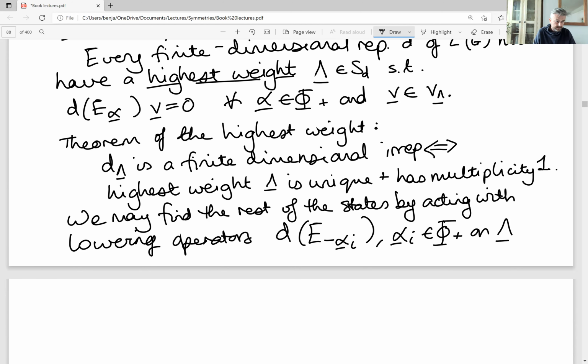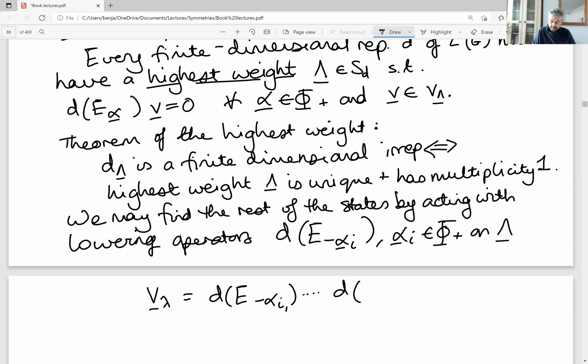So in other words, the state is d E to the minus alpha, and we act with several of these, k of them, say.